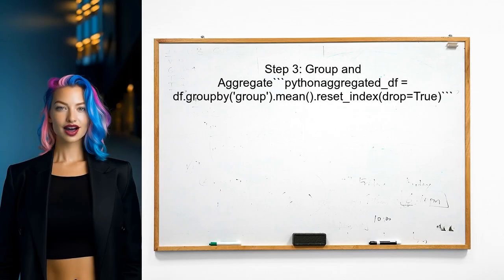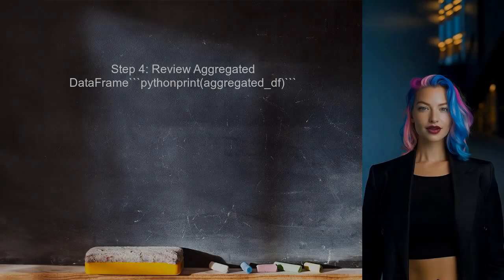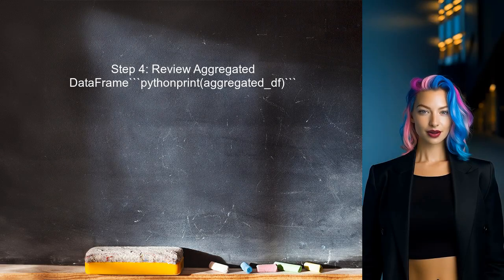Now, the user can use the group-by method on the new group column and apply an aggregation function, such as mean, to combine the rows. Finally, the user can review the aggregated data frame to ensure the data has been combined as expected. This will show the results of the aggregation.